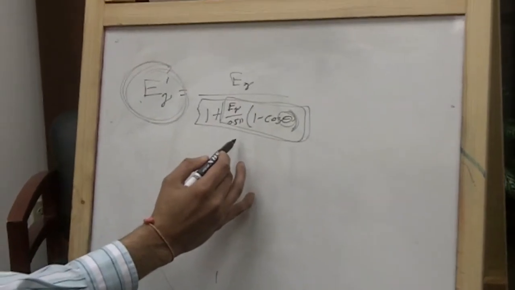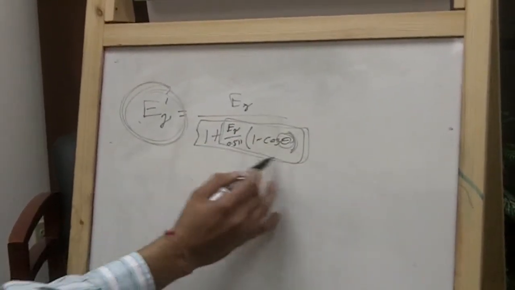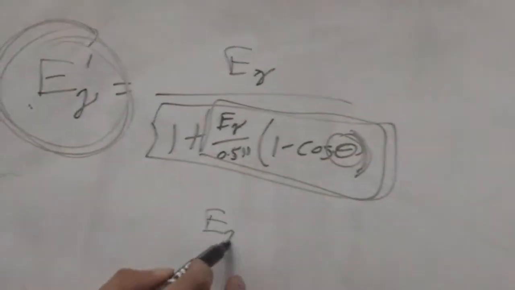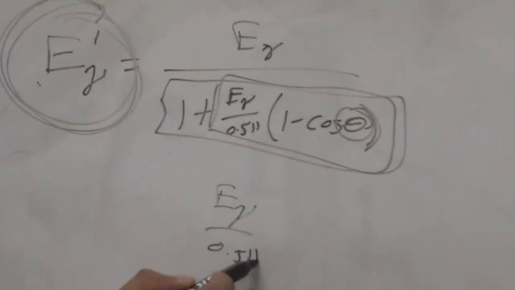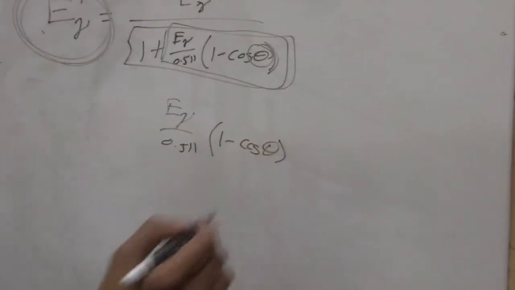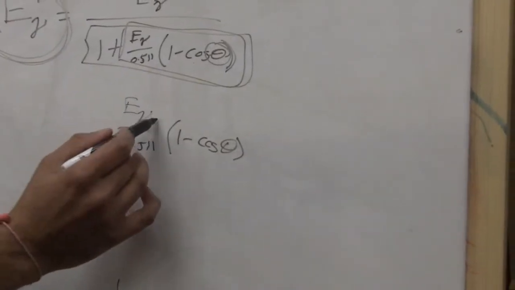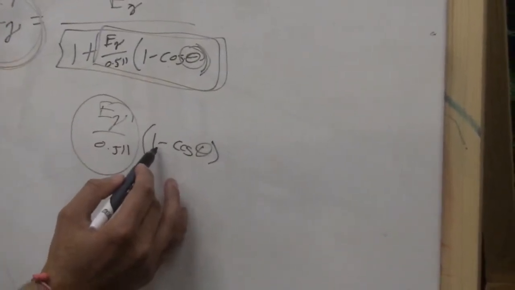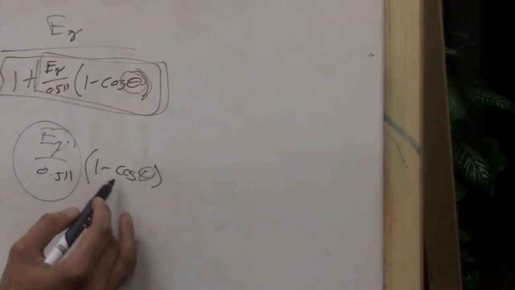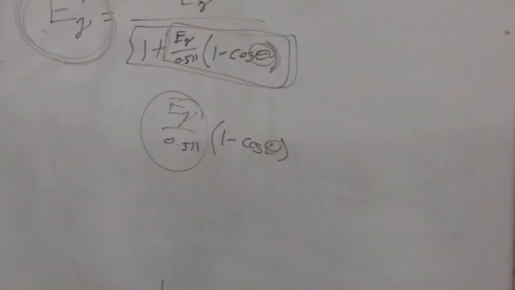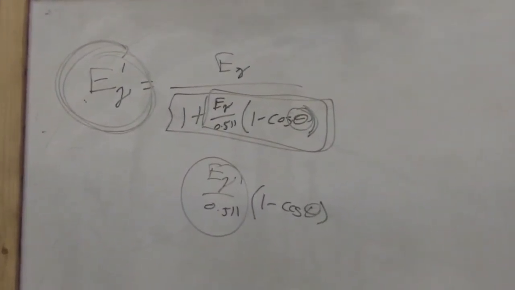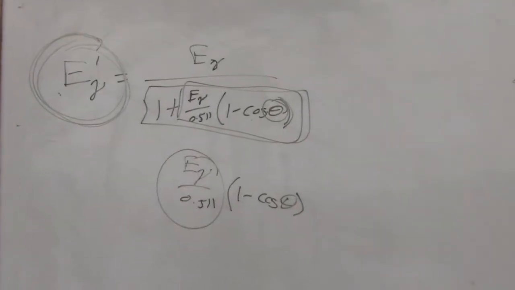So let's rewrite just this part as the crucial part. If we want this thing to be large, we want this to be large as well. The problem is that cosine of an angle is always going to give us a decimal, because it's a ratio, so it's always a number less than 1.